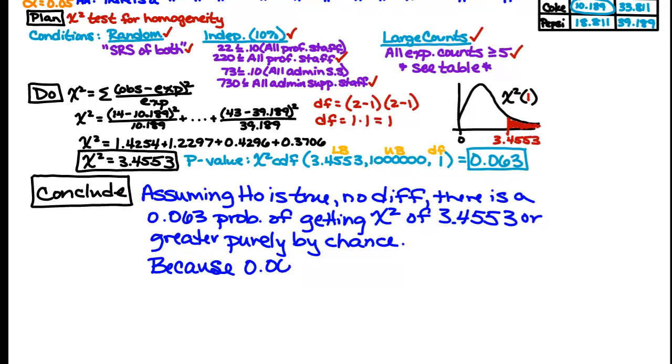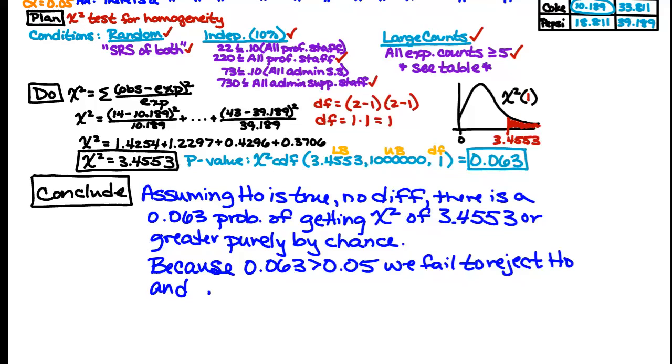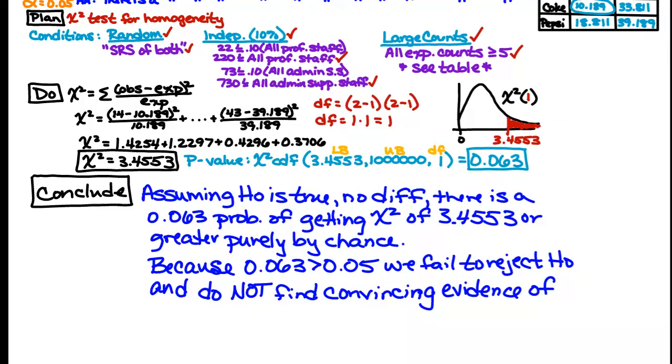Because 0.063 is greater than 0.05, we fail to reject the null and do not find convincing evidence of a difference.